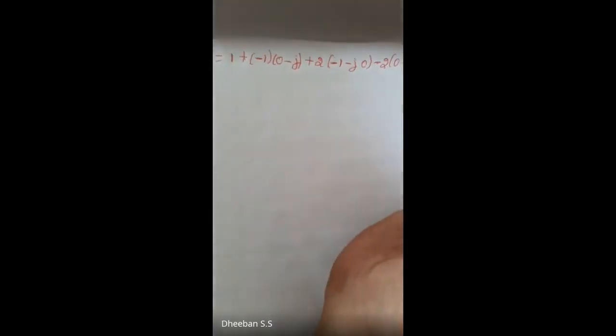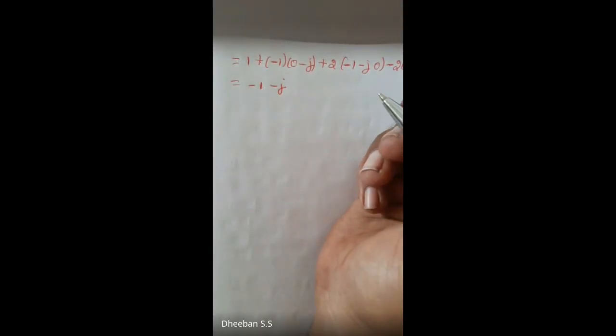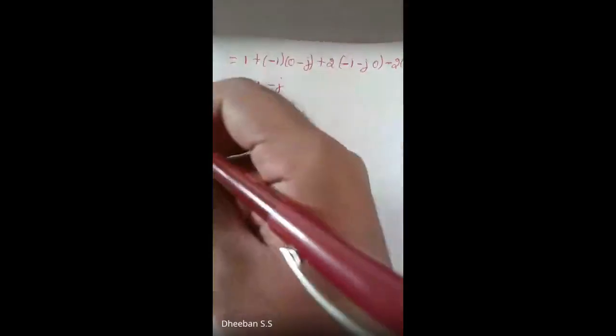Okay. So on solving we'll be getting minus 1 minus j. Similarly, you have to get up to your X of 3.